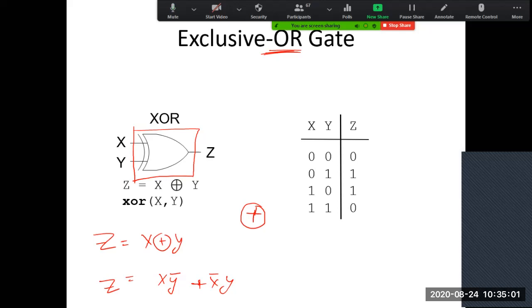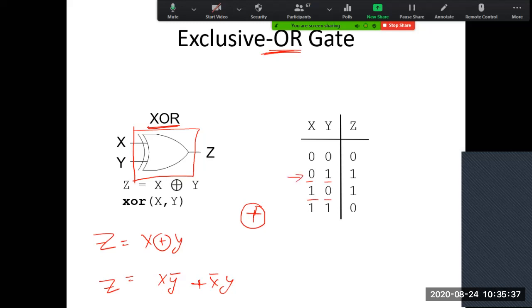From the exclusive OR gate truth table you can analyze one point. If you consider a two input XOR gate, whenever both the inputs are different, you are getting 1 at your output. Either they can be 0 1 or 1 0, they need to be different.